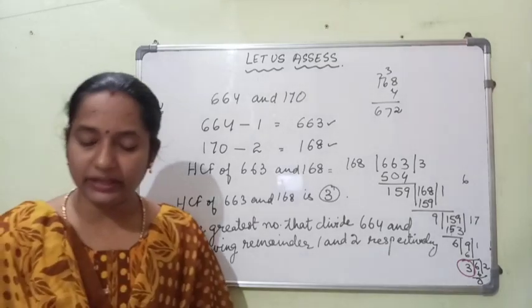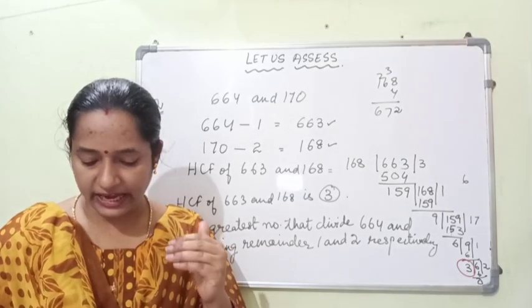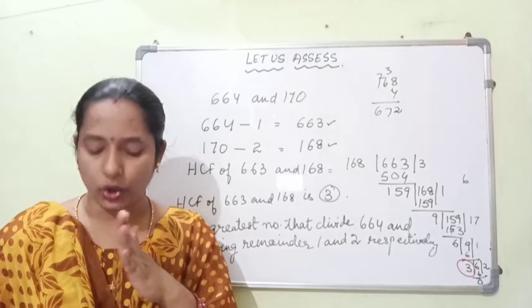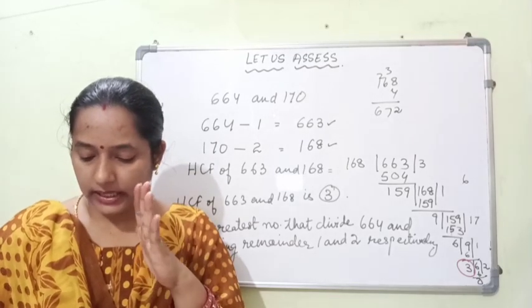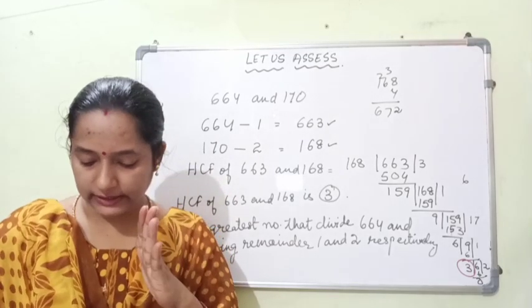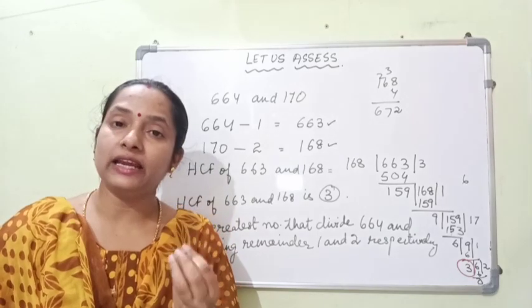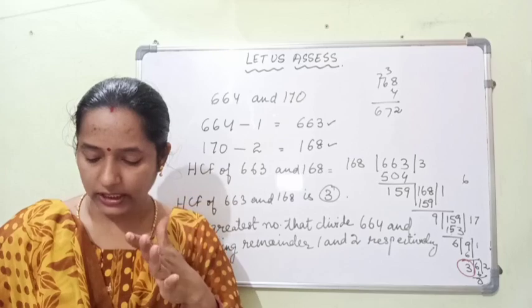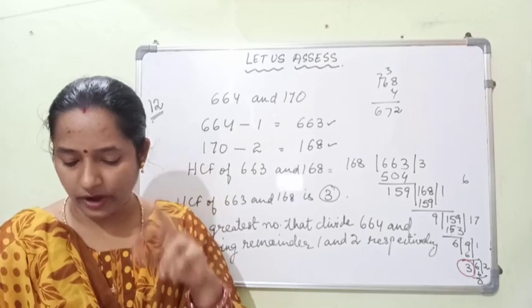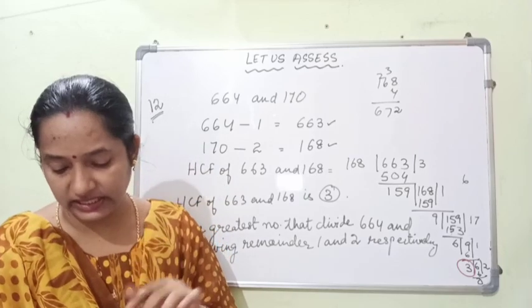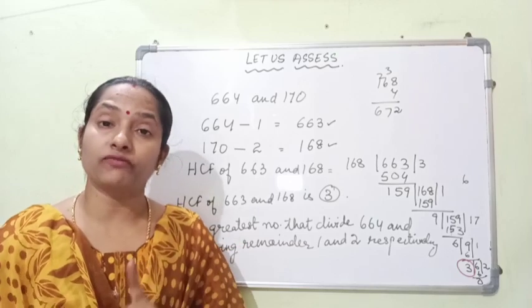Next comes question number 13. The traffic lights at 3 different road crossings change after every 1 minute, 1 minute 20 seconds and 2 minutes. So you have to be careful.